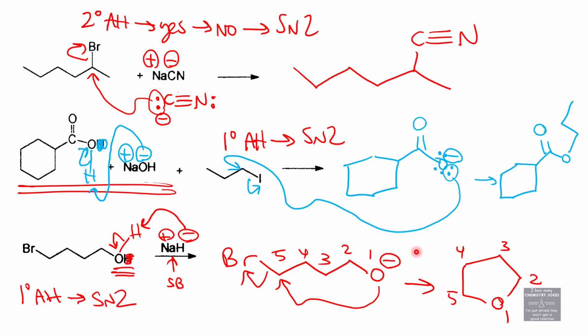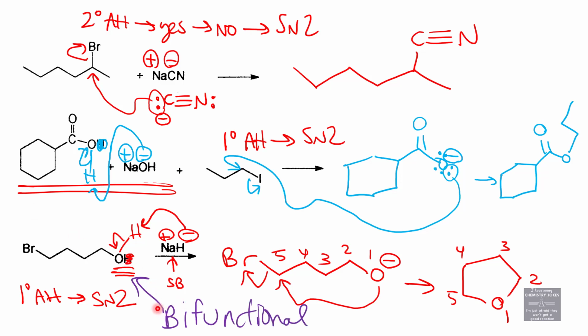Wait, what? What is considered a reasonable sized ring? A 3-membered ring is reasonable. We've made epoxides, remember? A 4-membered ring, not super reasonable. A 5-membered ring, a 6-membered ring, very reasonable. So how do you know if you should make a ring or not? This compound, I should point out, is a bifunctional compound. It has two functional groups in it.